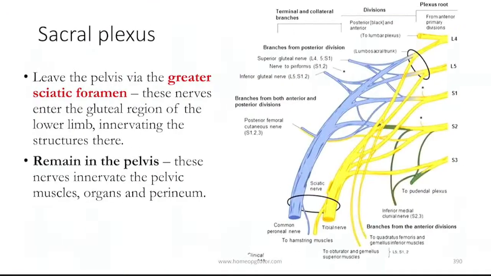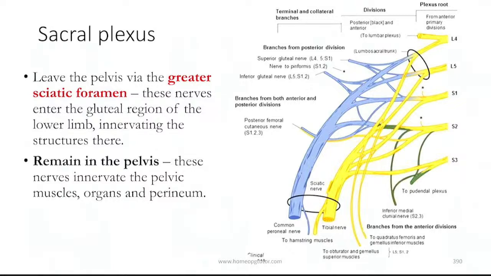Next one about the sacral plexus. Again, sacral plexus is important. Remember where is it situated? It's situated in the posterior wall of the pelvis, right? How does it exit the posterior wall of pelvis? It leaves the pelvis via the greater sciatic foramen. Remember the greater sciatic foramen which we spoke about when we studied the bones, the hip bones.